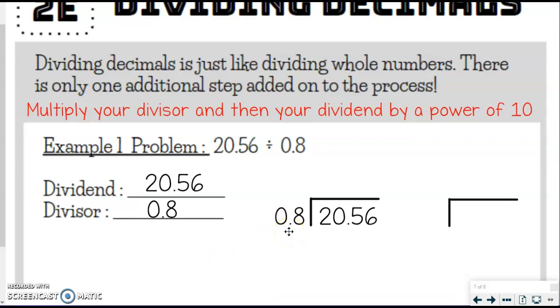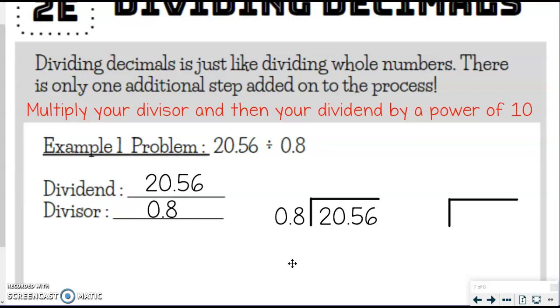So I would have to ask, how many times does 0.8 fit into 2? But that seems weird because it would fit in one time, but I think that's going to end up being too big. And so let's say we've said it fit in one time. Well, now I would take 1 times 0.8, and now I'm going to be doing 2 minus 0.8. It's just going to get super, super complicated.